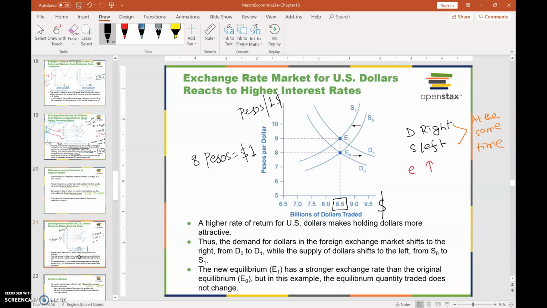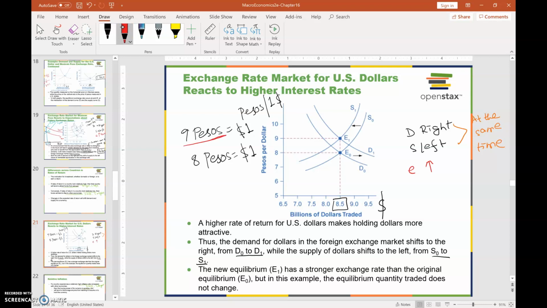Now, because the rates of return or interest rates are higher in the US compared to Mexico, the demand curve for dollars will shift to the right, and at the same time the supply curve for dollars will shift to the left. We have a new point of intersection, E1, and a new exchange rate of 9 pesos equal to $1.